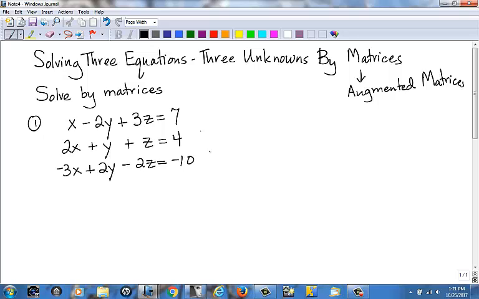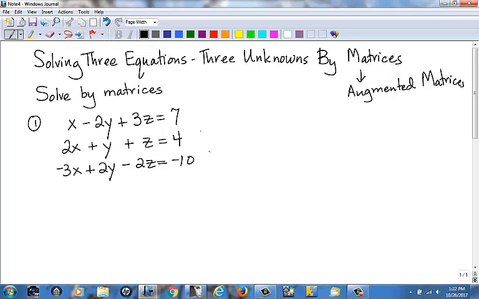Okay, on matrices, a matrix is just a set of numbers that are arranged in rows and columns. It's just like you people sitting in here are in a matrix. You are arranged in rows and columns. And if they are set up where the x's are in one column, the y's are in one column, the z's are in one column, somebody decided it would be much easier to not write those down.